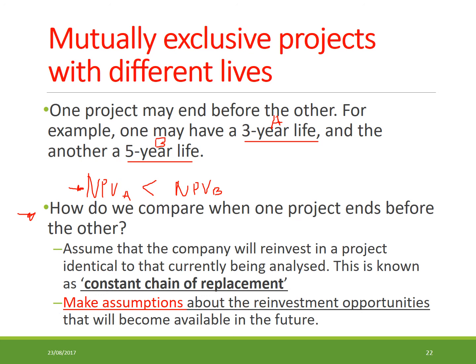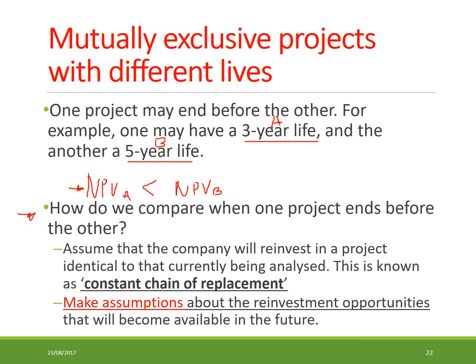One strategy that we can use to compare projects with different lives is that we somehow bring the maturities of these 2 projects to be the same, right? So we make adjustments to the maturities of the projects so that we have 2 projects with the same maturity, yeah?